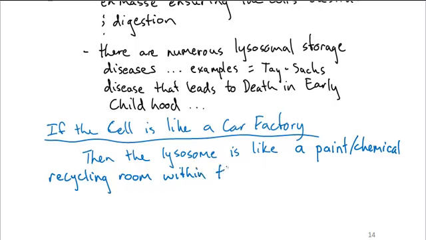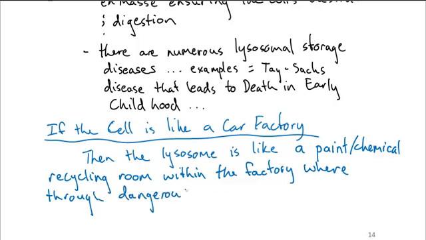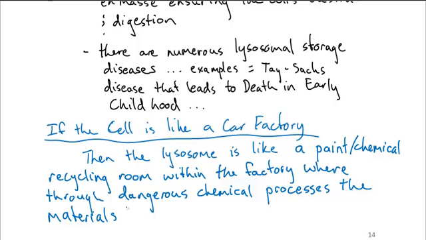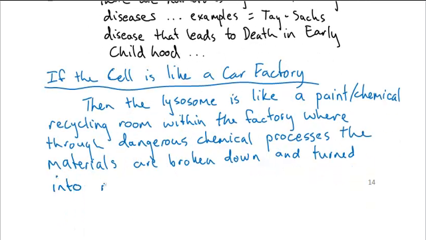Within the factory, through dangerous chemical processes, the materials, being the paint and the chemicals, are broken down and turned into reusable substances.